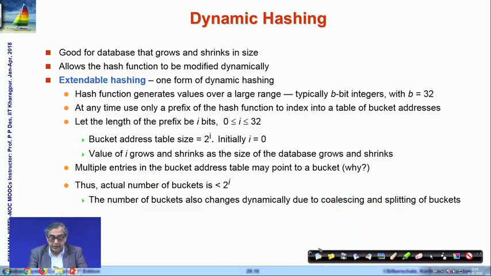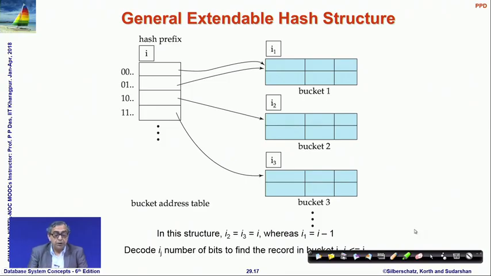Let us start moving to an example and see what is happening. So, this is the general scheme. You have a hash prefix which is using i number of bits, and for different values of i bits, there will be 2 to the power i entries naturally.